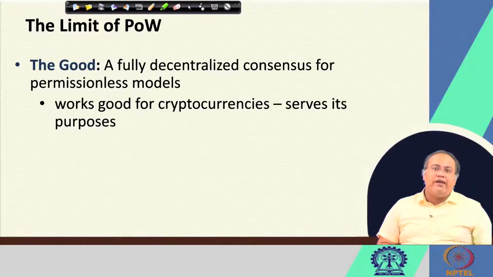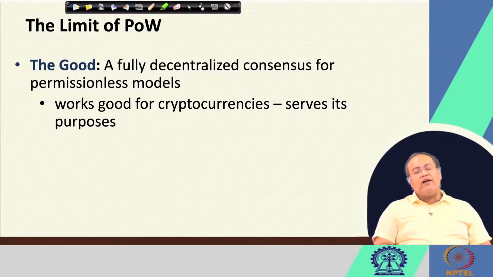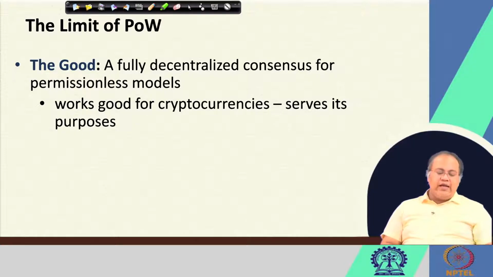To start with, let us look into the limits of proof of work. The good thing in proof of work is that it provides a fully decentralized consensus mechanism for the permissionless model.